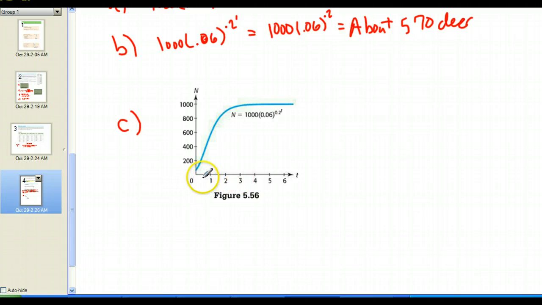Notice in that first decade and about halfway through to the second decade, extremely rapid growth in the population of the deer, from starting at 60 to almost up to 1,000. But then it levels off, just like the logistic growth. It eventually levels off.